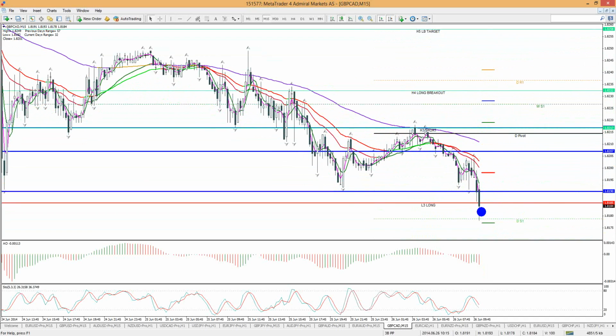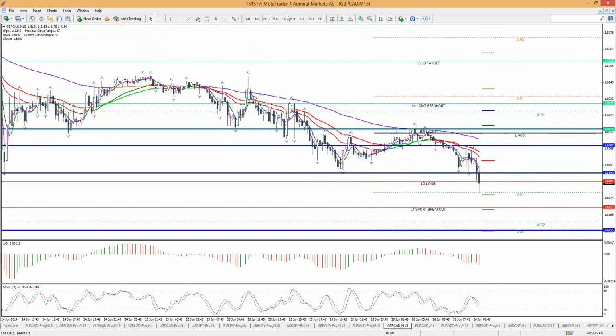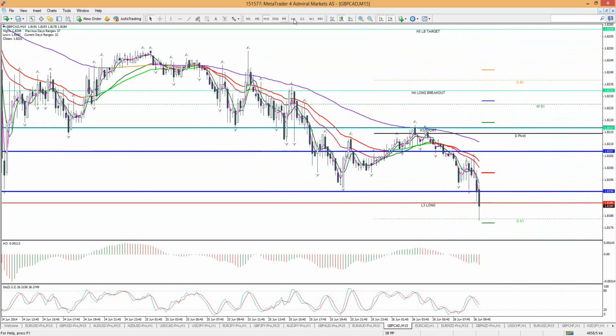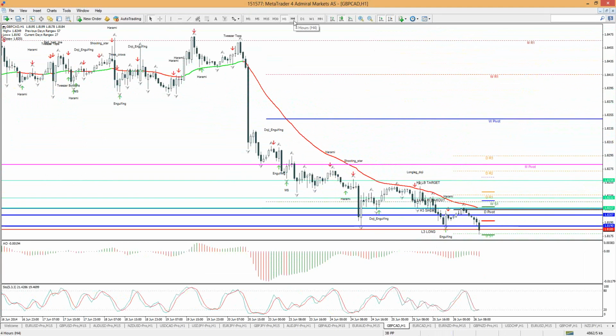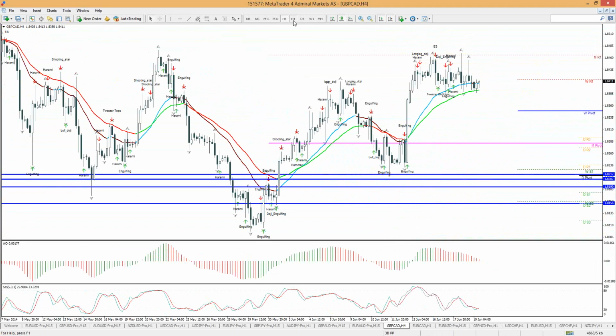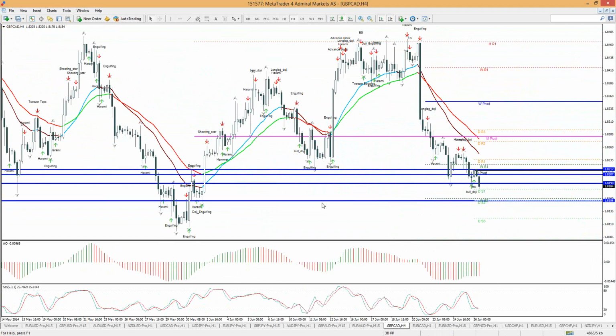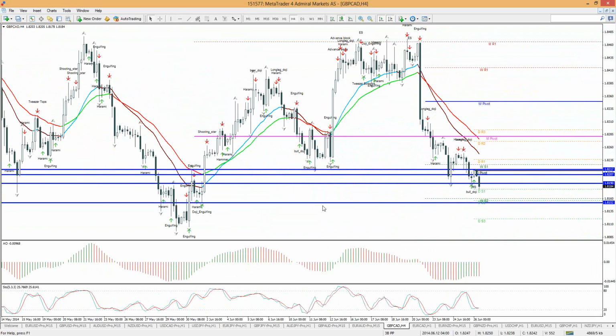So a hook back to the broken bottom where we had the break of the bottom here, of the fractal, looks to be good. We check the hourly. Not a ton of space, but decent enough.